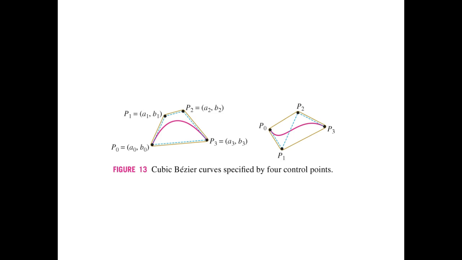Let's see, no, it's more than just changing the order. This is different, but this time it's doing P0, P1, P2, and P3. This is the shape you're trying to get with the curve here.